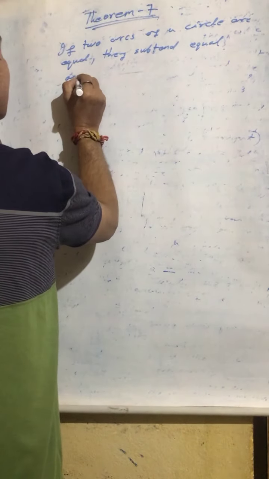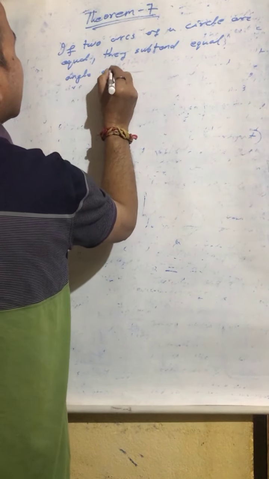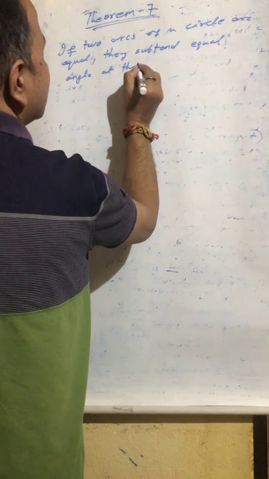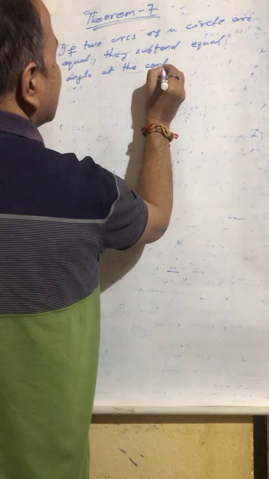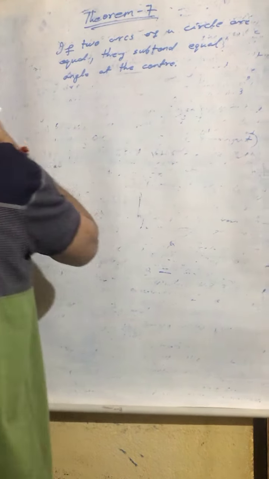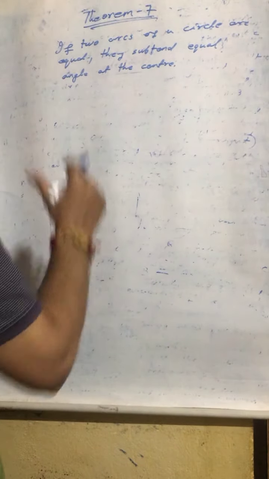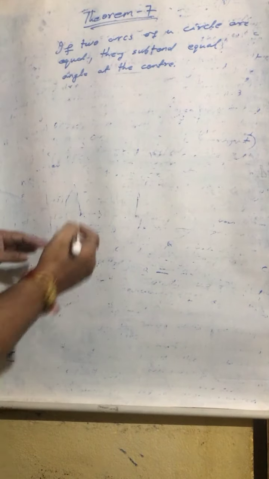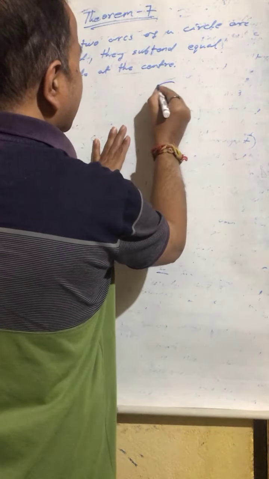That means it is given that two arcs of a circle are equal, and you have to prove that the angles subtended at the center are equal. I think we have already done that. Okay, let's do it again.